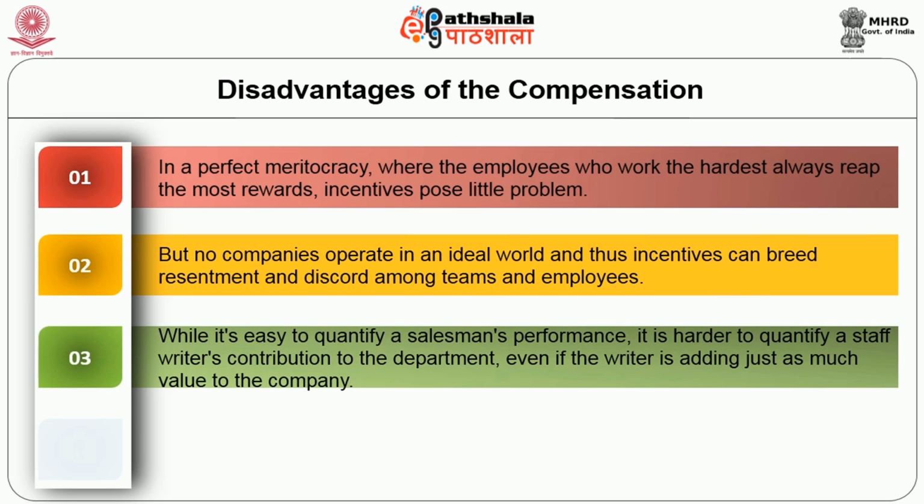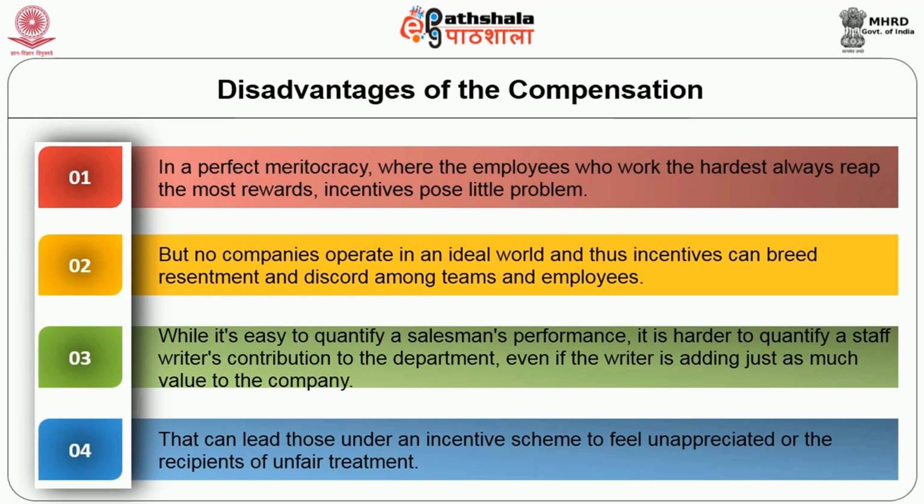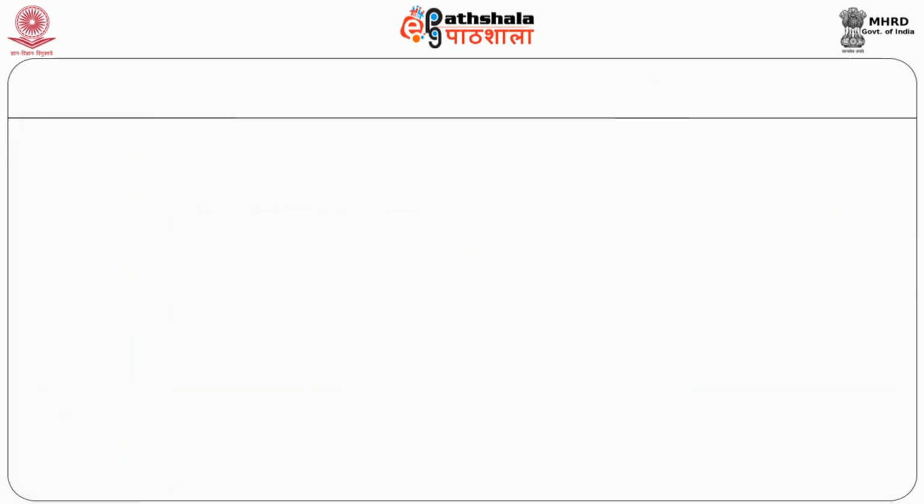While it is easy to quantify a salesman's performance, it is harder to quantify a staff writer's contribution to the department, which can always be differentiated as the workers at the front office and the workers at the back house. Even if the back house departments work much harder, this will not be reflected, and this can lead those under an incentive scheme to feel unappreciated or like recipients of unfair treatment.